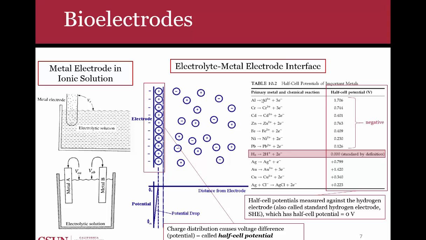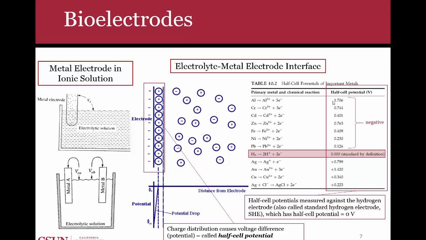For instance, on the right here you have a table called half-cell potential. Half-cell potential is what I just mentioned. It's the voltage that's produced across the interface of the electrode metal and the electrolyte because of a separation of charge. So for instance, if I highlight aluminum here, if I dunk an aluminum rod into an electrolytic solution, then what this says is that I'm going to get a voltage across that interface of negative 1.7 volts.